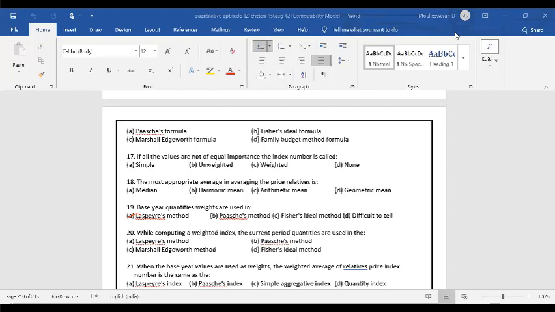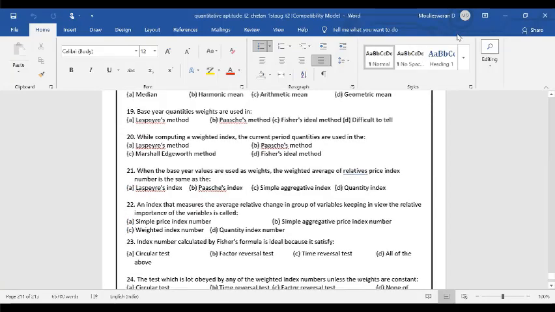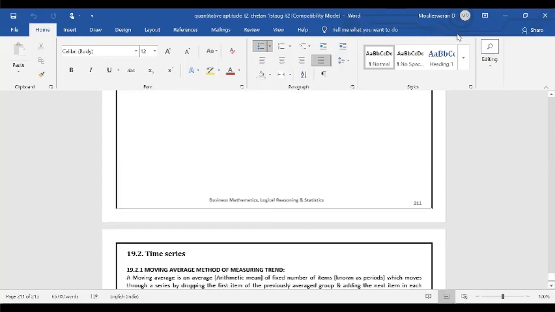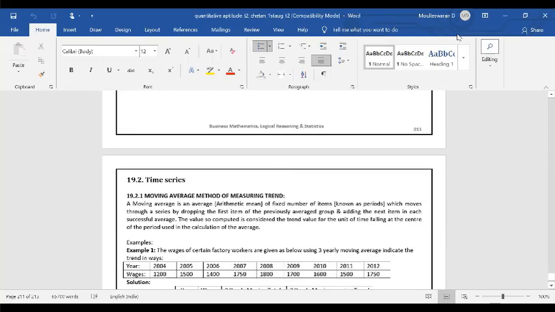Current year weight means Paasche's. 17th one: all the values are not of equal importance. Of equal importance means weighted, not means unweighted. So till now, whatever we had discussed, that's the question. The topic itself is over.